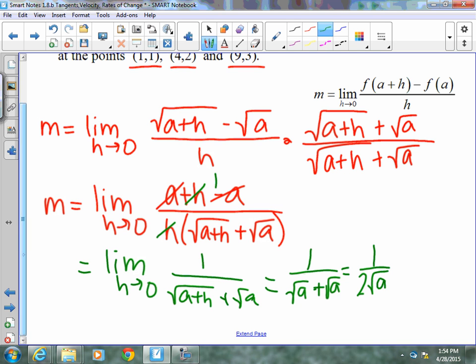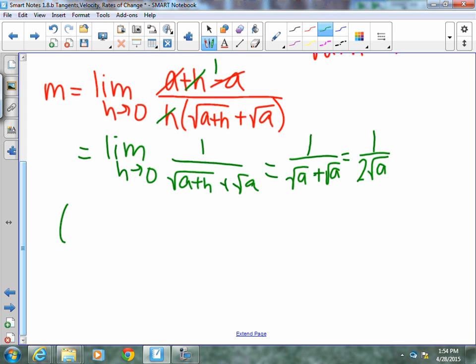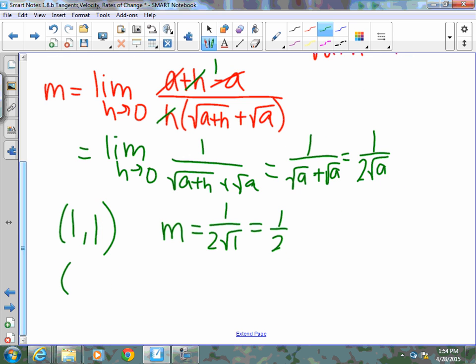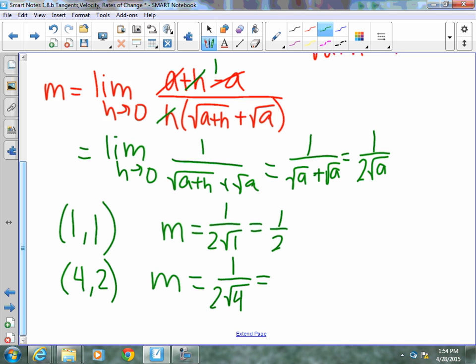So, if I talk about the point (1, 1), which is the first one they asked for, our a value is 1, so slope is going to be 1 over 2 radical 1, or 1/2. Our next point was (4, 2). So slope is going to be 1 over 2 radical 4, again our a value, or 1/2 times 2, or 1/4.